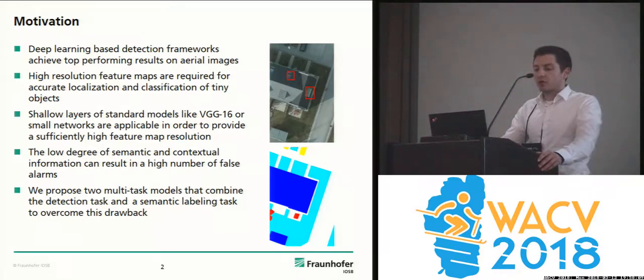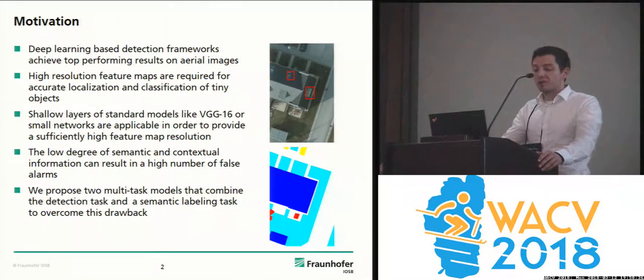Therefore, shallow layers of standard models like WACV18 or small networks are applicable in order to provide a sufficiently high feature map resolution. However, the low degree of semantic and contextual information can result in a high number of false alarms, as shown on the right. Objects with shapes similar to vehicles are misclassified and result in false alarms.